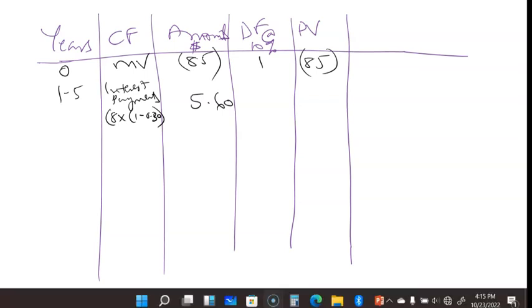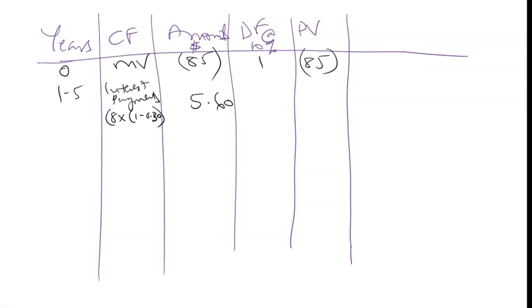Okay, to consult the discount factors, the annuity tables, because this one is an annuity, because the interest is being paid per annum. The annuity factor at 10%, 5 years, is 3.791. So if you multiply by 5.60, we get 21.23.